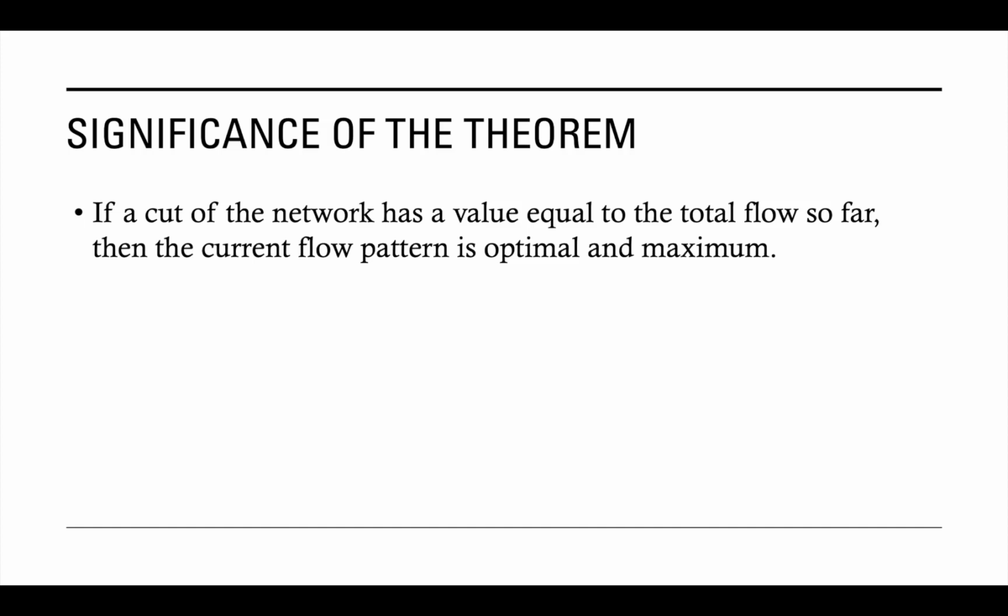If we are able to find a cut that is also equal to 15, then we don't need to check if we've already exhausted all the augmenting paths, because if the max flow is equal to the cut that you found, then we are sure that the flow is already maximum.